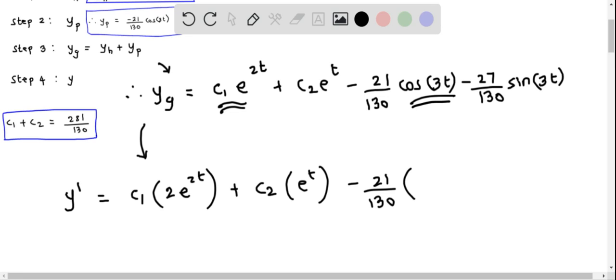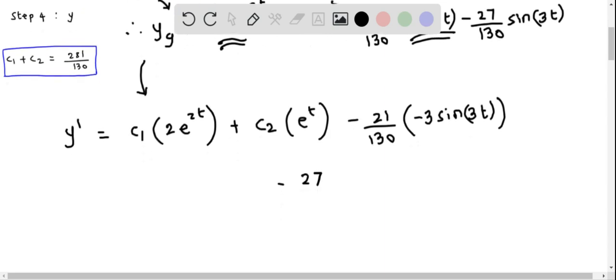With the chain rule, we get negative 3 times sine of 3t. Now I find the derivative of the last term: we have the constant negative 27 over 130 times the derivative of sine of 3t, which is 3 cosine 3t.